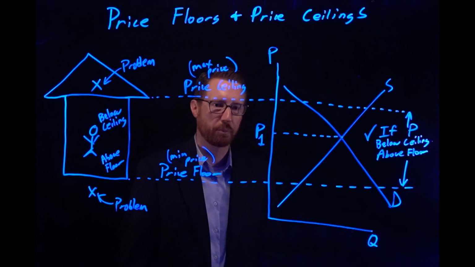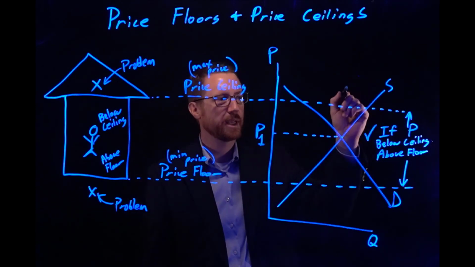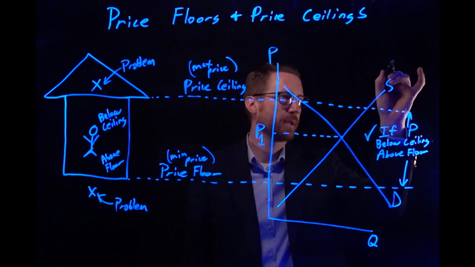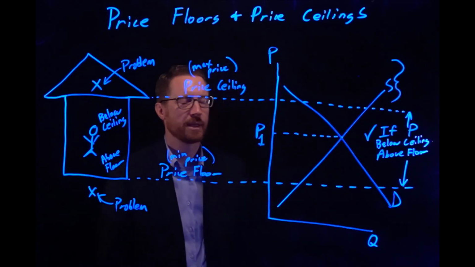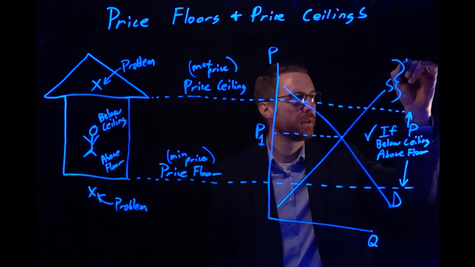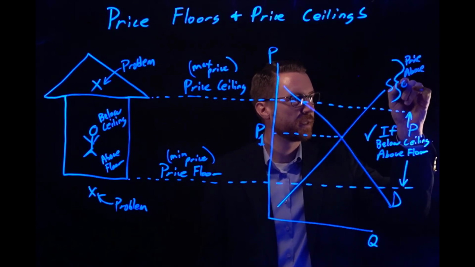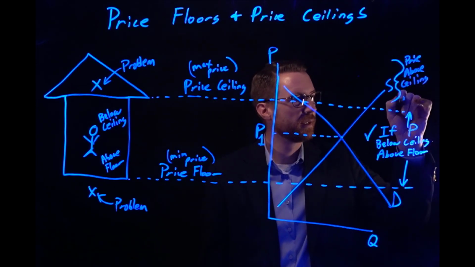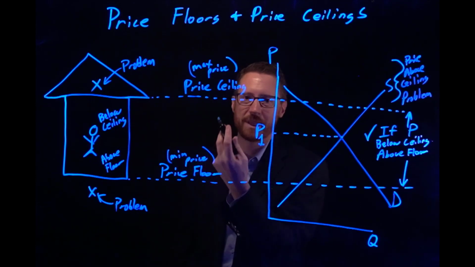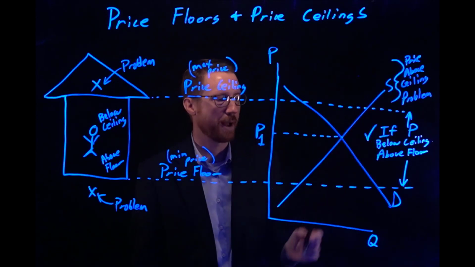Where we run into problems is when our equilibrium price should be above the ceiling or below the floor. So if price should be above the ceiling, we have a problem. Just like we can't live up in the attic, we can't live above the ceiling.